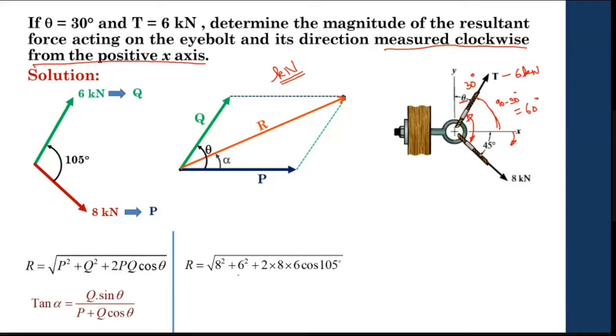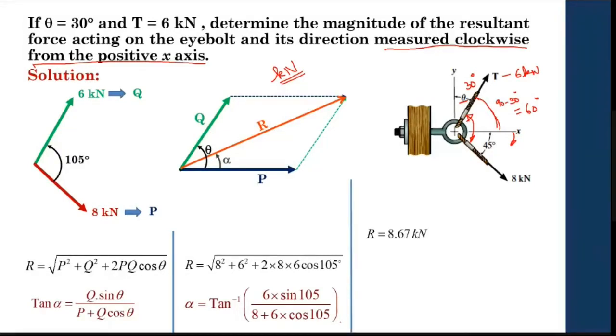So R is 8 square plus 6 square plus 2 into 8 into 6 cos 105 degree, under the root. Alpha is tan inverse of 6 into sin 105 divided by 8 plus 6 cos 105. When you do that, you will get R is equal to 8.67 kilonewton and alpha is equal to 41.95 degree.